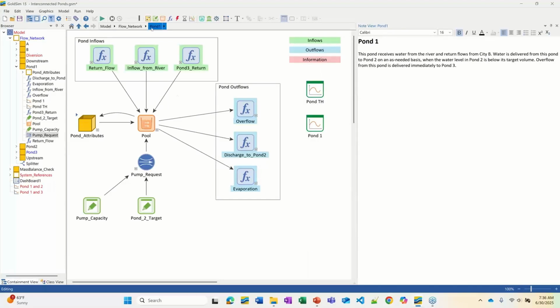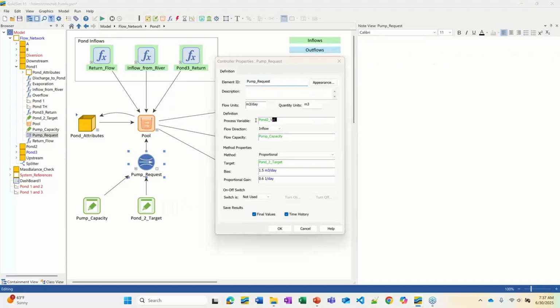And yes, it's true that the address bar shows pond 1, but when I'm in a container that means a really important component of the model that I want people to know about, then I would put in large font where we are currently. So we are in pond 1, and we are monitoring pond 2.